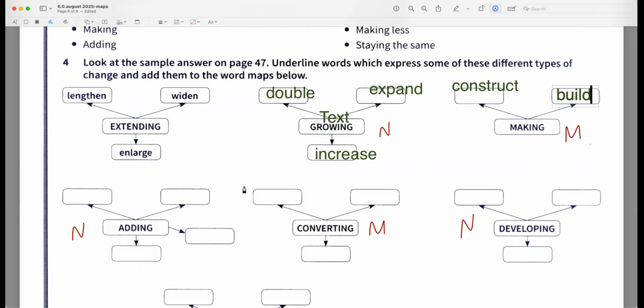Okay, for adding we have four verbs, and we try to find from the sample and some verbs in exercise 5. Of course, we have add. What else?